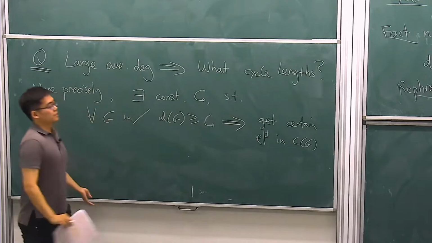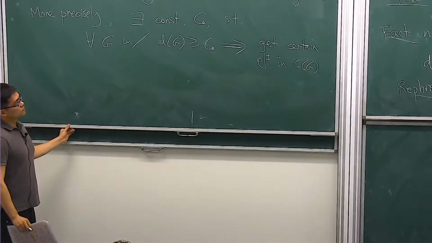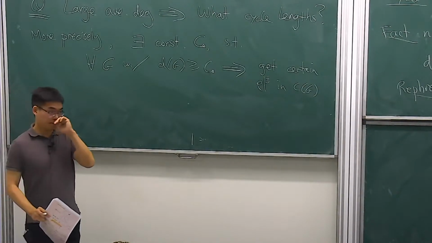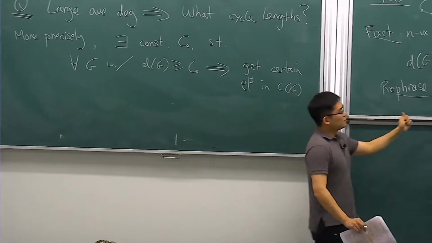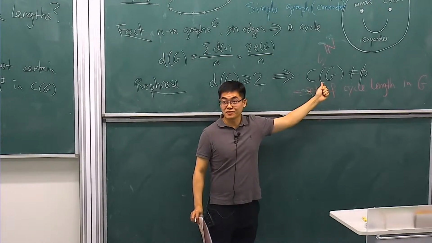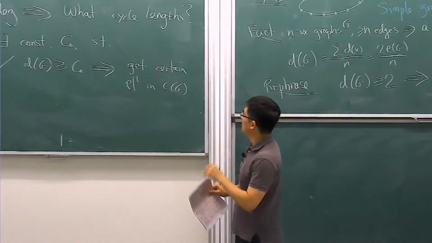Okay, more precisely, this is what I mean. Like at least a certain length, or exact length. Yeah, I want to know how elements in C of G look like, sort of. What elements lie in C of G? What do you mean by getting a certain length element?